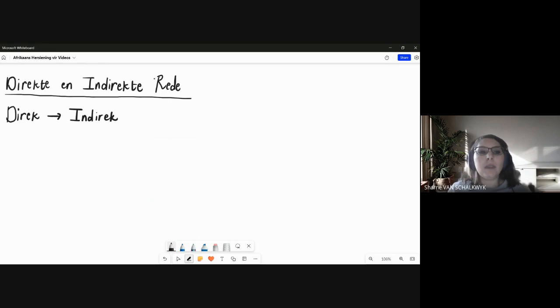Something that makes direct and indirect slightly easier in the IB Afrikaans curriculum, according to the SAGS document, is that they will never ask you past tense. Technically, when someone is saying something, the second they are done saying it, it's in the past. So you go after they said it and retell it to someone.